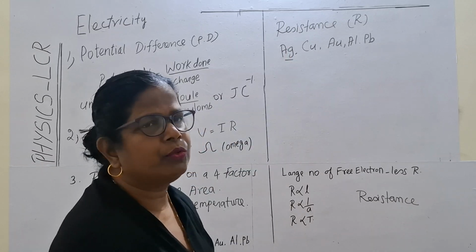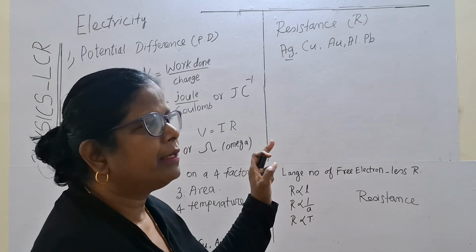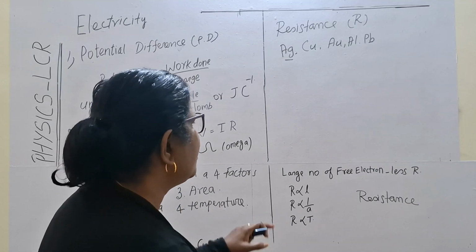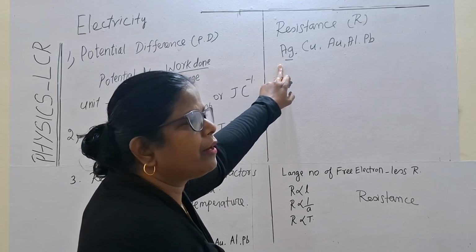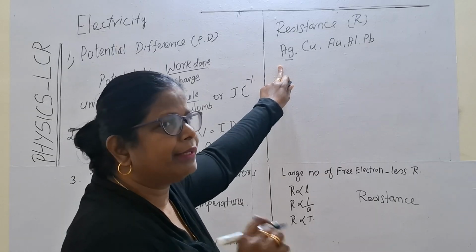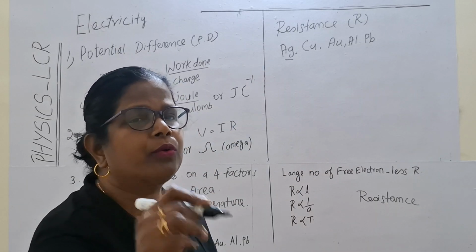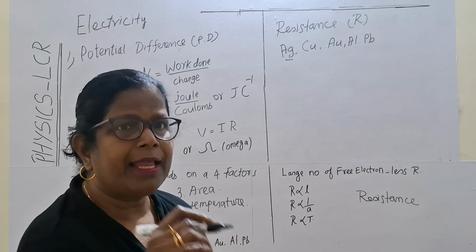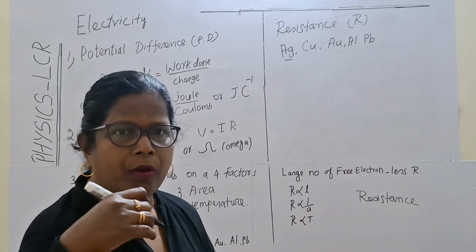These are good conductors. They have different amounts of free electrons. A large number of free electrons gives less resistance. A good conductor has more electrons and gives less resistance.